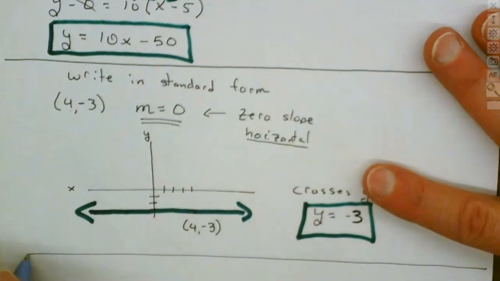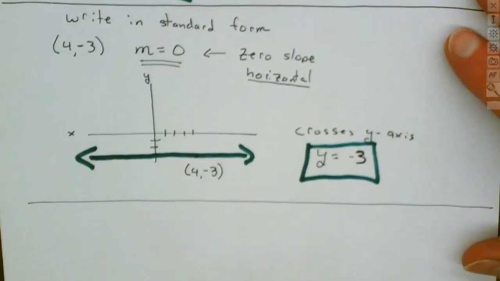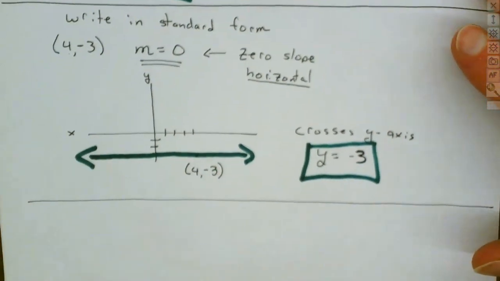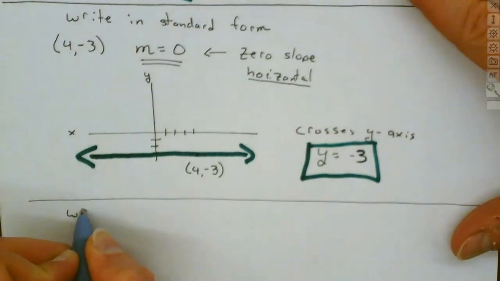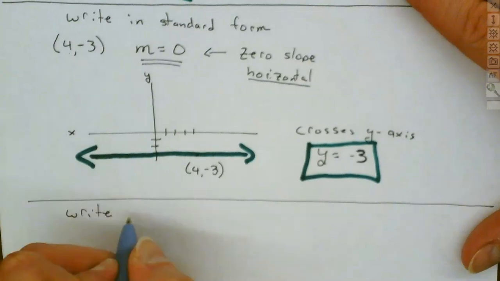What about an undefined slope? Well, if the 0 slope is horizontal, what do you think an undefined slope is going to be? Vertical. Okay? Instead of it being an x, it's going to be a y. So let's write this one again in standard form. I'm going to change the ordered pair again.